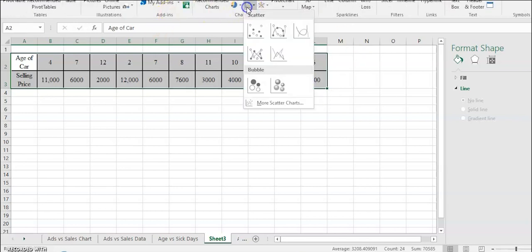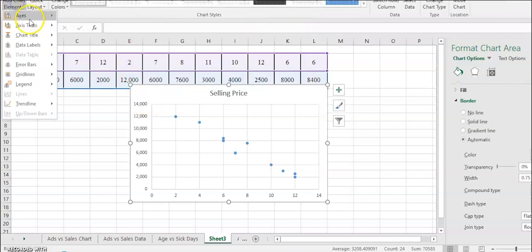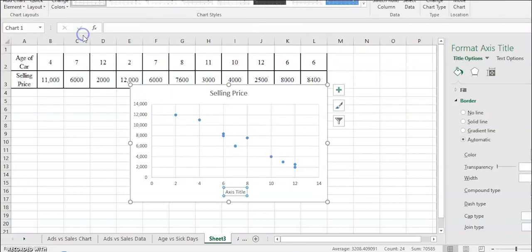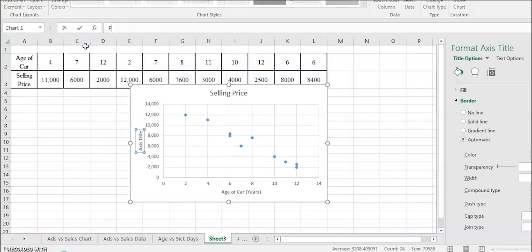insert, scatter plot. And once again, I'm going to put the important information, axis titles. So that's age of car, and we'll say years. The Y label is the price in dollars.